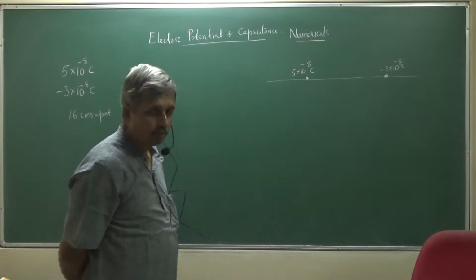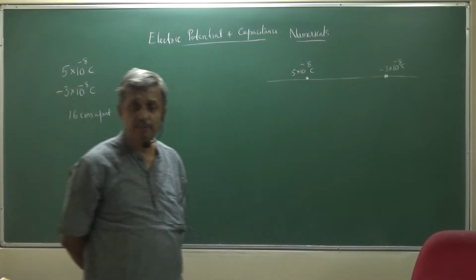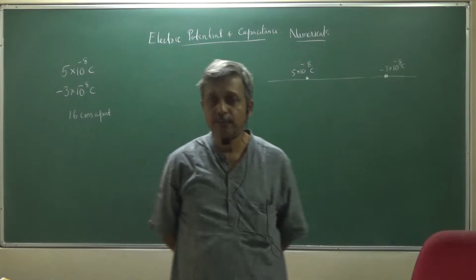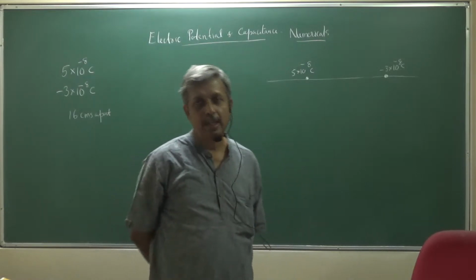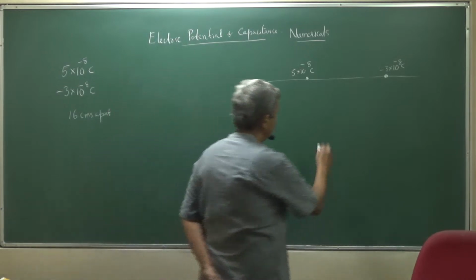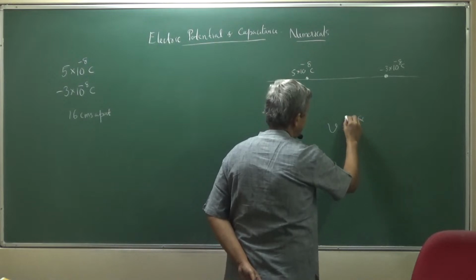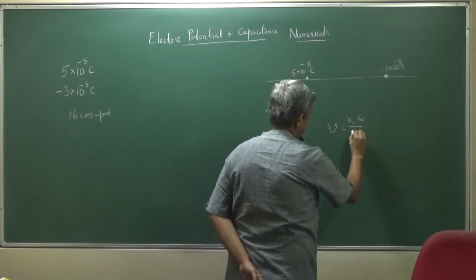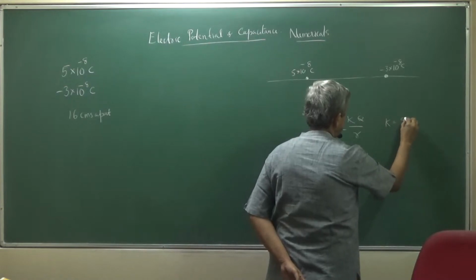Now, first point is how do we find the electric potential? We can find it using a basic formula. Electric potential due to a point charge: V is equal to KQ by R. So K here is 9 into 10 power 9.